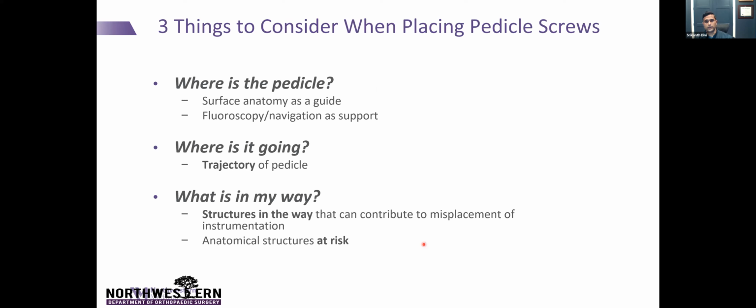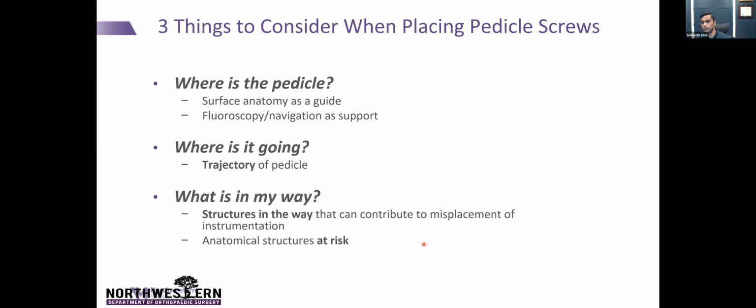Three things to consider always when you place a pedicle screw. Number 1, where is it? So this starts with meticulous exposure and using your surface anatomy as a guide. With younger healthy patients, and especially trauma patients, it's great. It's so easy, you'd think.